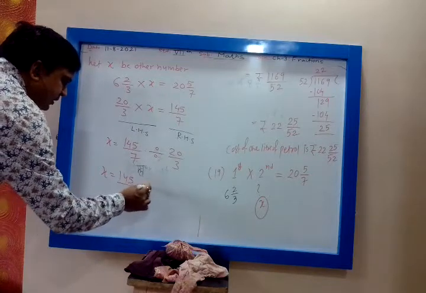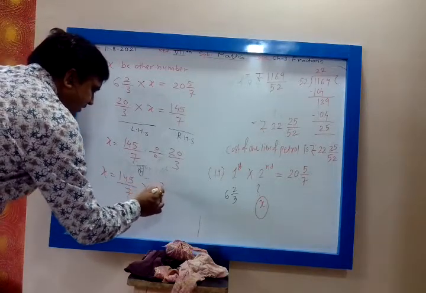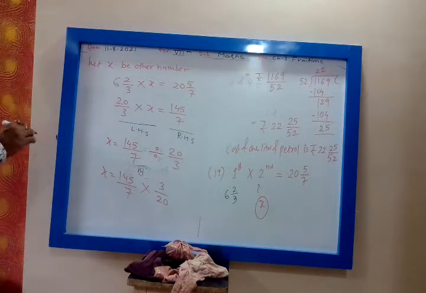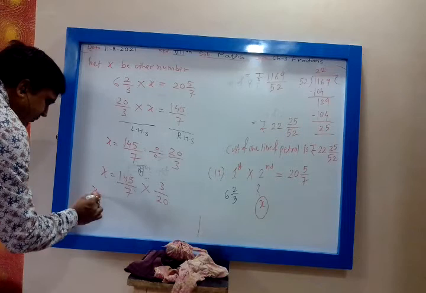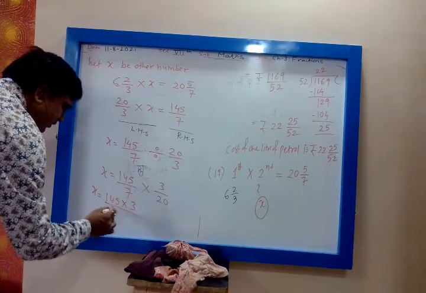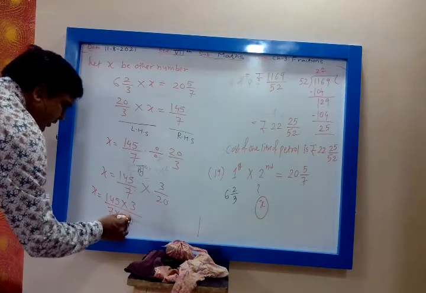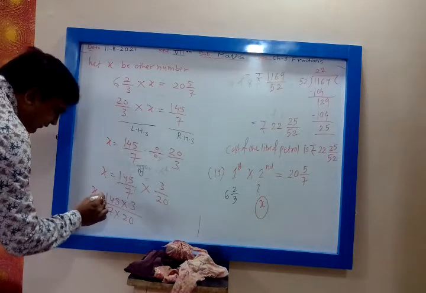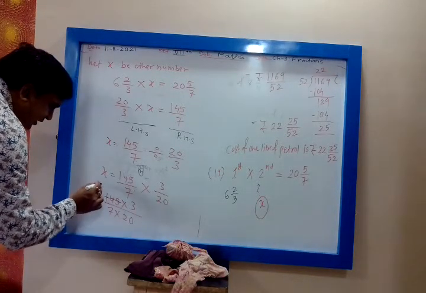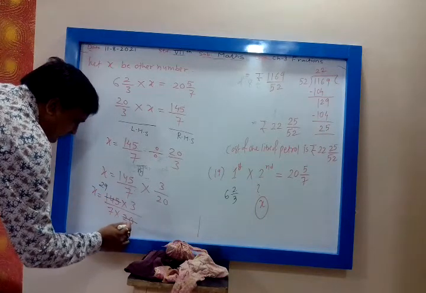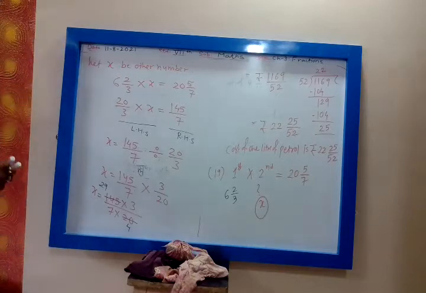Now simplify. Convert division into multiplication, so that will be 3/20. So now this is multiplication of two fractions: 145 into 3 upon 7 into 20. You can cancel 145 and 20 with 5. 5 2s are 10, 5 9s are 45, 5 4s are 20.